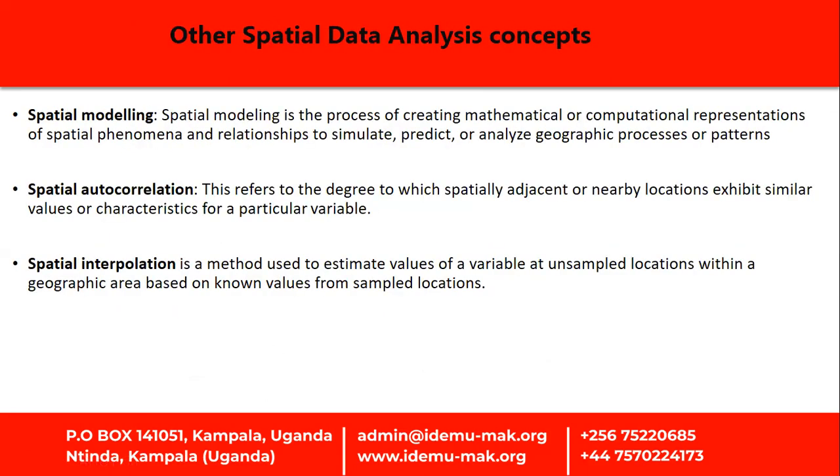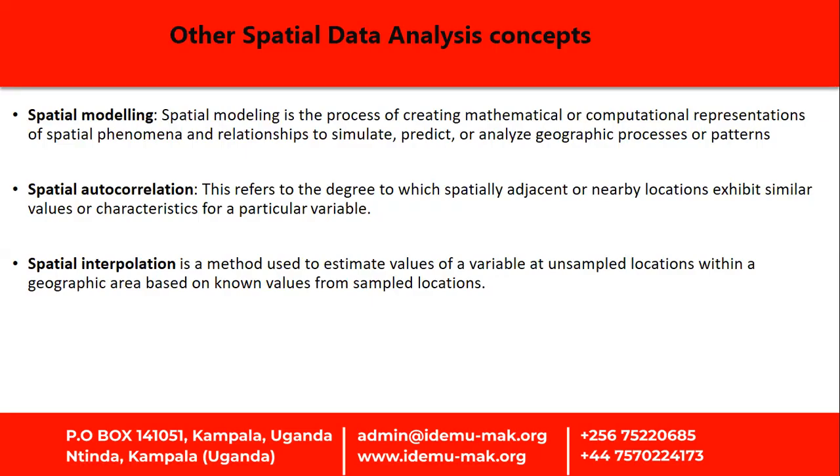And then another spatial concept that you need to know is spatial modeling. Here we shall model using mathematical concepts to simulate, predict, or analyze geographical processes. And then we shall have spatial autocorrelation.